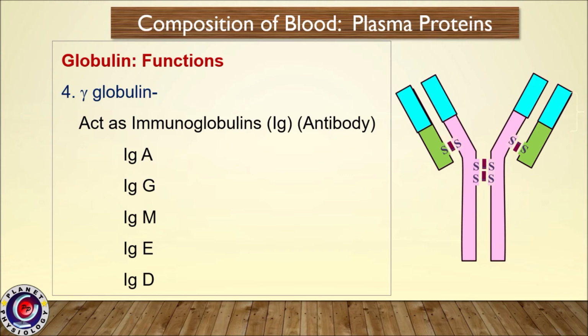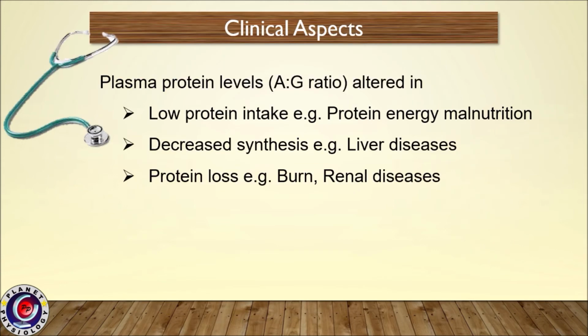Let us study clinical aspects of albumin and globulin. Even though there are conditions where albumin production will be reduced or albumin levels will fall or globulin levels will rise, the most important thing is the albumin to globulin ratio, and this ratio can be altered in various diseases.